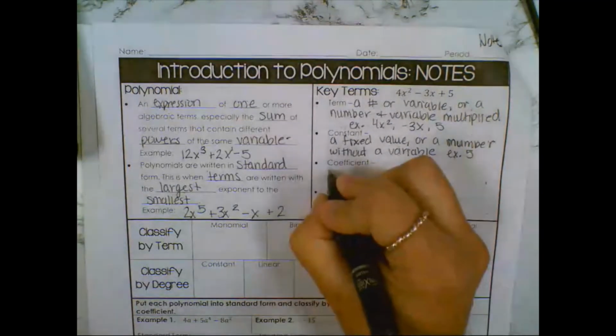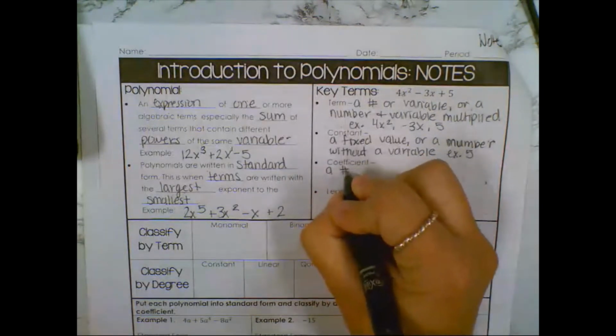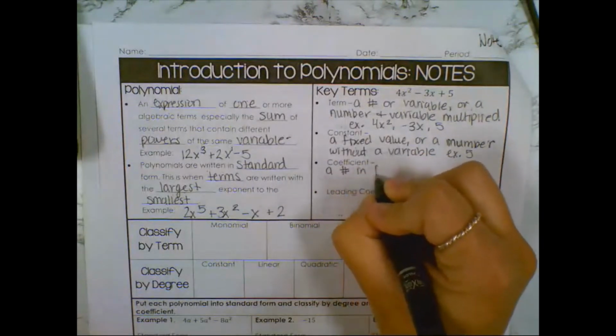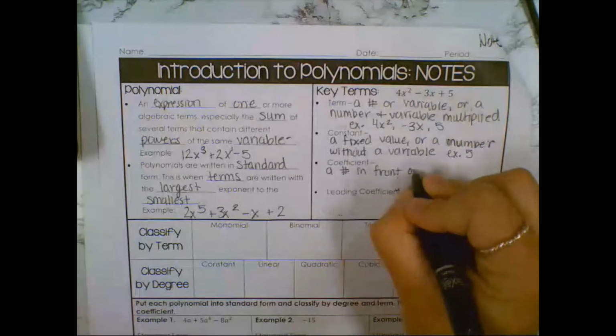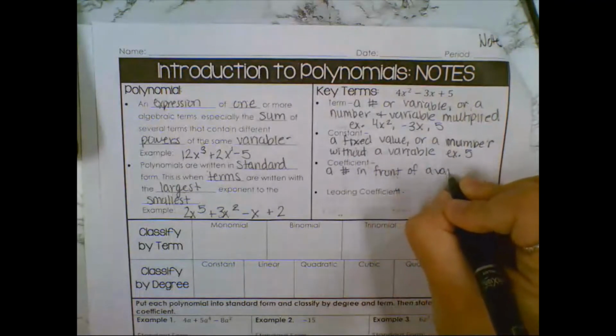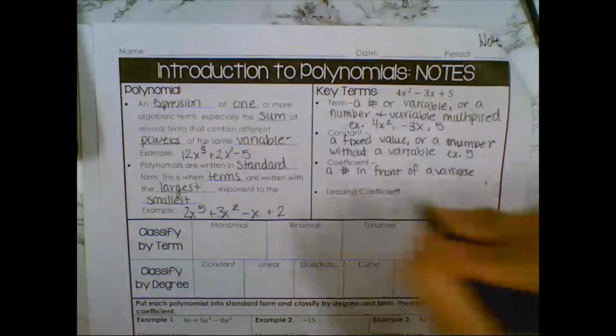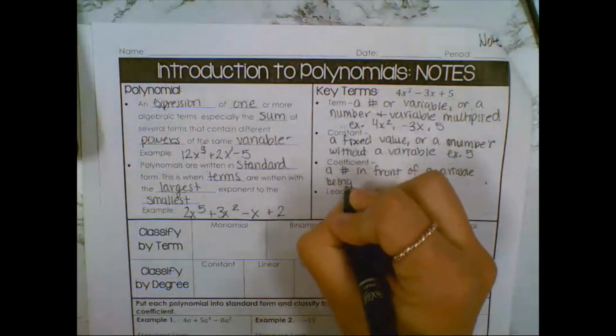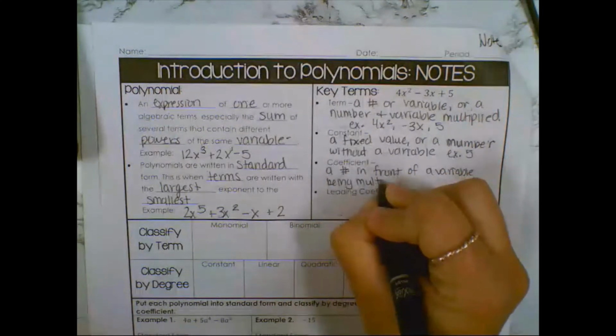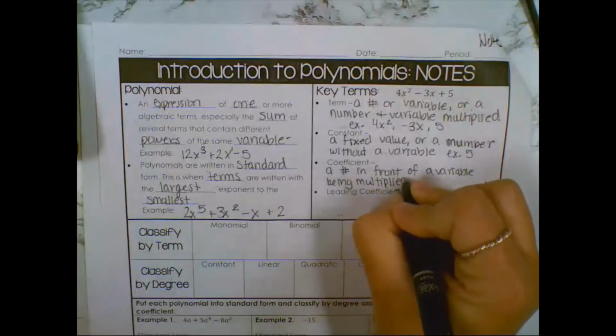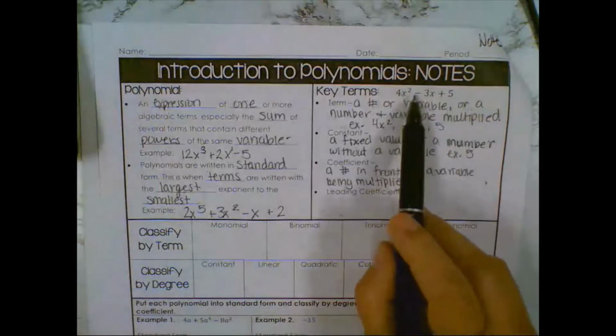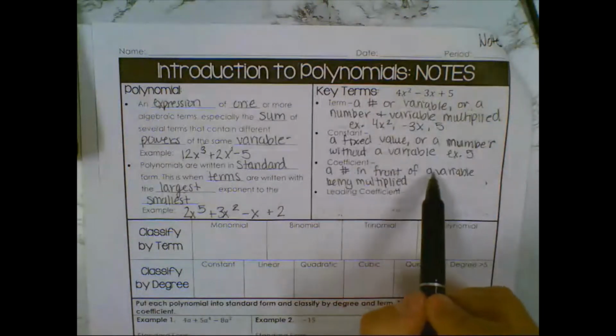A coefficient is a number in front of a variable being multiplied. So number in front of a variable being multiplied. So again, if I look at these examples, first of all, it has to be the number in front of a variable.